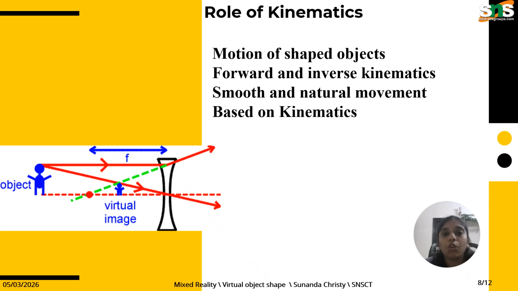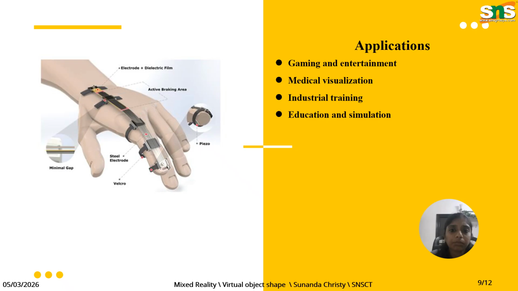This is one of the roles of kinematics. We saw in the last video the two types of kinematics, forward and inverse kinematics. Those kinematics models will be used in virtual objects, and smooth and natural movement should also be there. These are a few roles of kinematics.